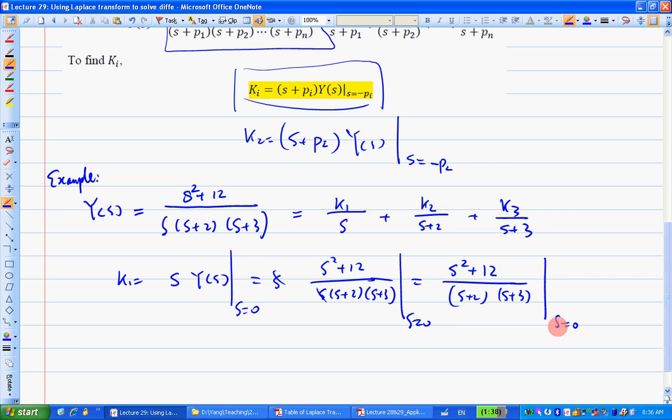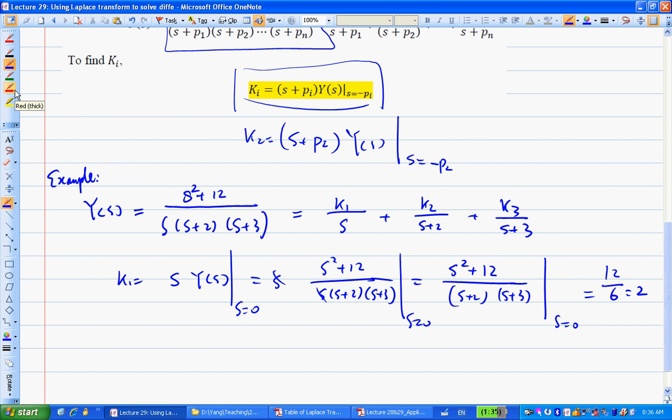So plugging s equal to 0 over this expression right here, the numerator becomes 12 and the denominator is 6. So 2. Okay, 2. So it's pretty straightforward.